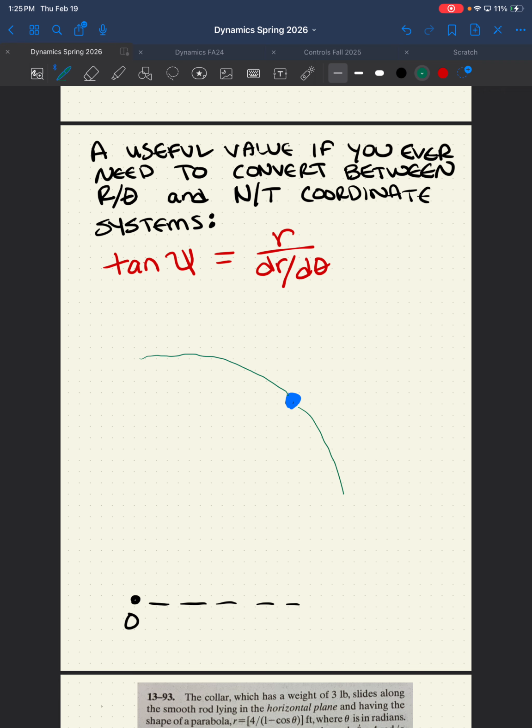We have to be able to convert between the two to get everything into a common coordinate system, okay? The only way we can do that is if we know some angle between these two coordinate systems. This is how you find the angle between the two coordinate systems. You solve for psi, okay?